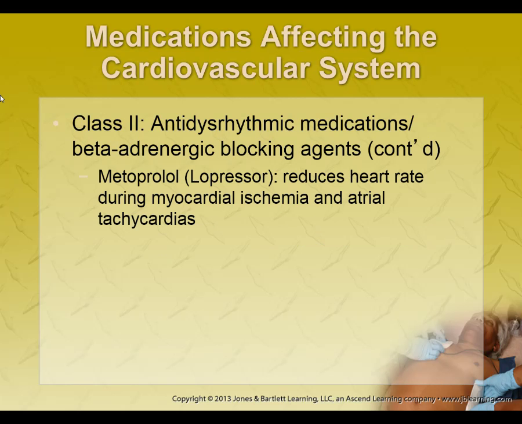A class 2 antidysrhythmic that's used very often in healthcare is metoprolol or Lopressor. It reduces the heart rate, especially during and after a heart attack, or for someone that has atrial tachycardia, which means their atrium beats too fast. The top two chambers of the heart beat too fast. It's not necessarily atrial fibrillation or atrial flutter.